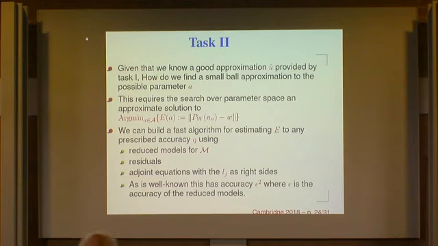So if the reduced basis approximates the solution manifold with accuracy epsilon, then if you use these adjoint equations to build a surrogate for E, something to compute E of A or an estimate of E of A, you can double the accuracy to epsilon squared. And so you can have a very fast, efficient way of evaluating the error.